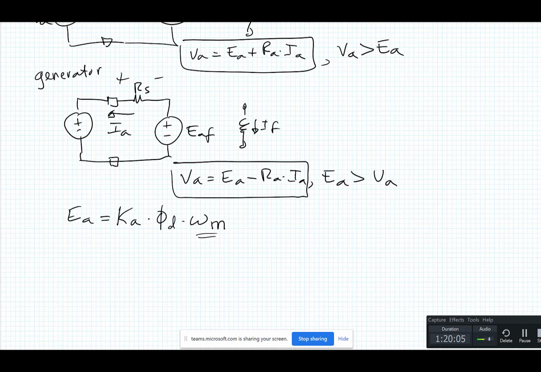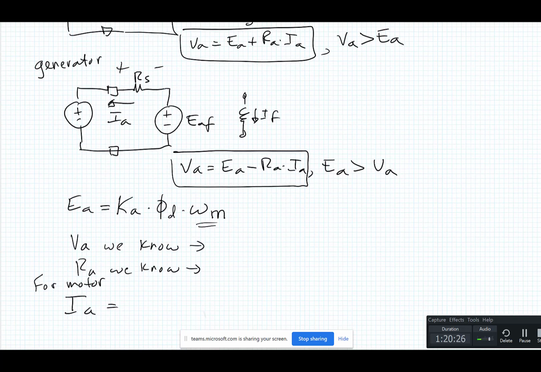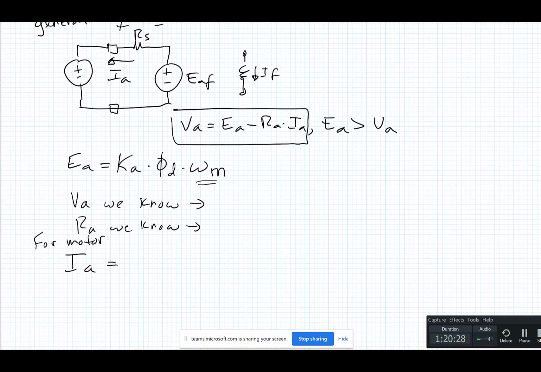Let's say we know VA because it's supplied, and RA we know. Then for the motor, IA is equal to VA minus EA divided by the resistance RA.